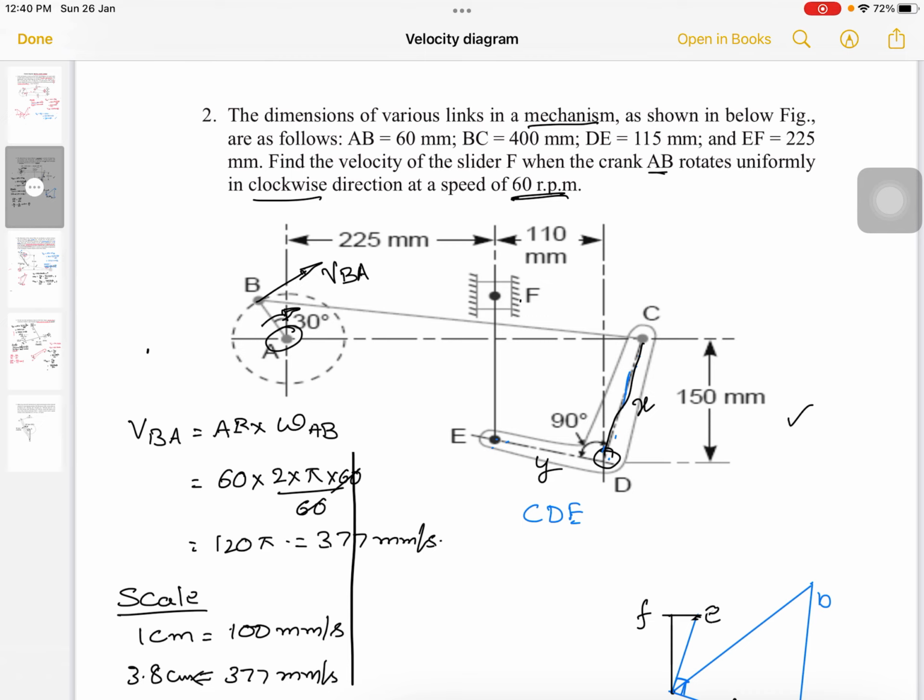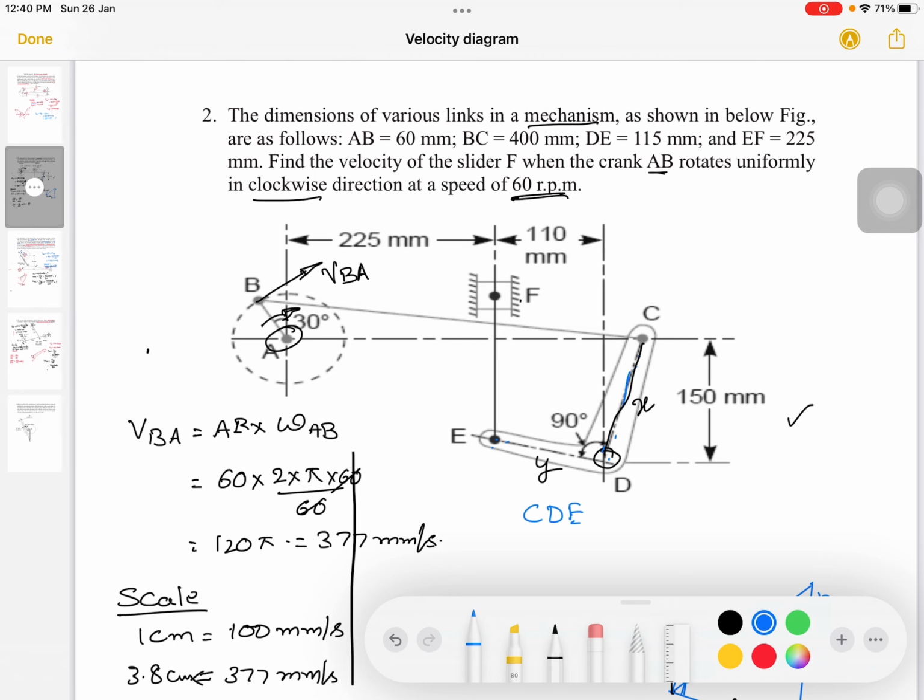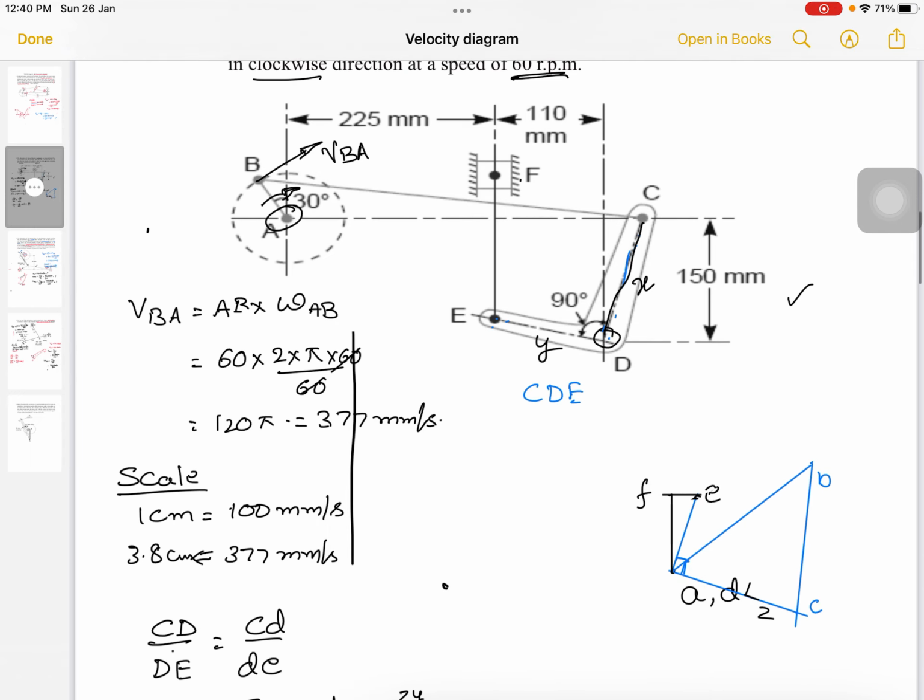Now how to calculate the velocity of slider F? The velocity of slider F is equal to the length of AF multiplied by the scale. In this manner you can calculate the velocity of any given space diagram or mechanism.